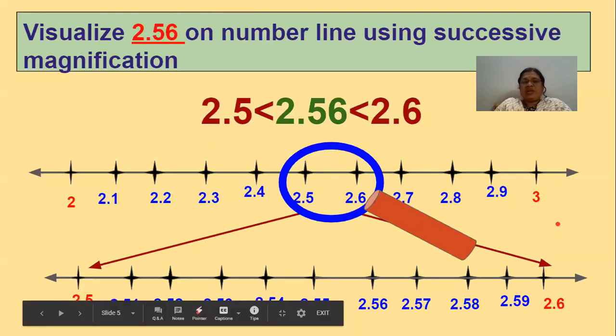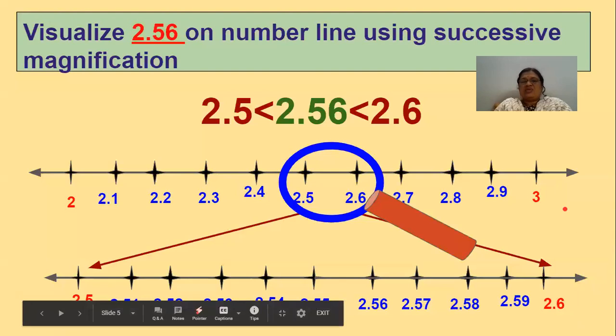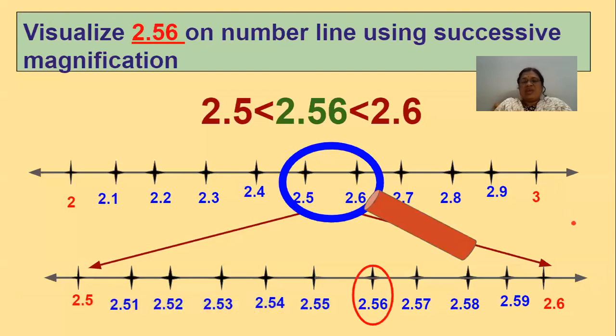So between 2.5 and 2.6, you can observe 10 equidistant points, which we can mention as 2.51, 2.52, 2.53, 2.54, 2.55, 2.56, 2.57, 2.58, 2.59. When you add 1 to 59, it will become 60. So this will become 2.60, that is 2.6. So easily we can locate where this 2.56 locates. Where is it? This is at this place.